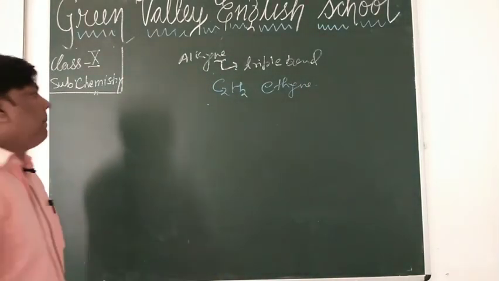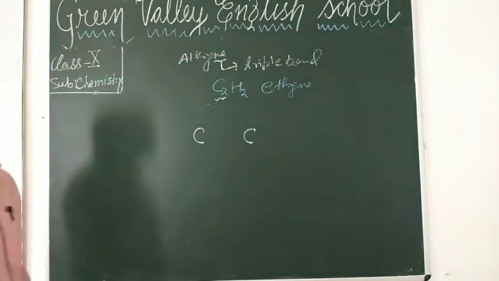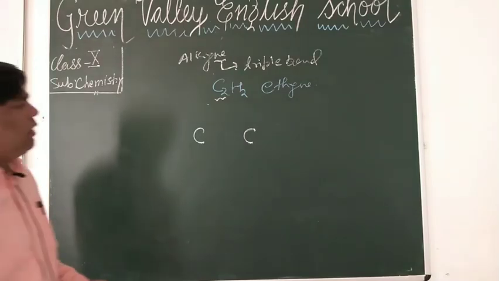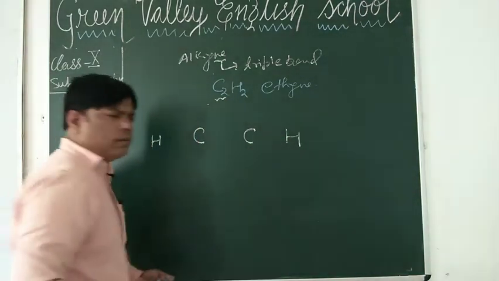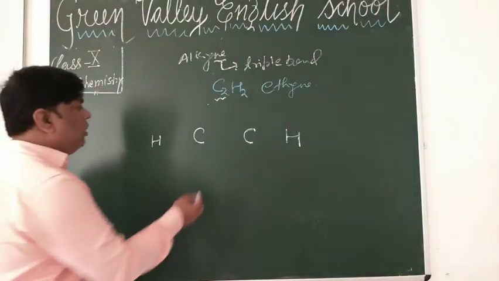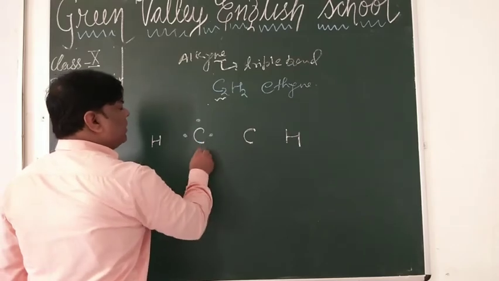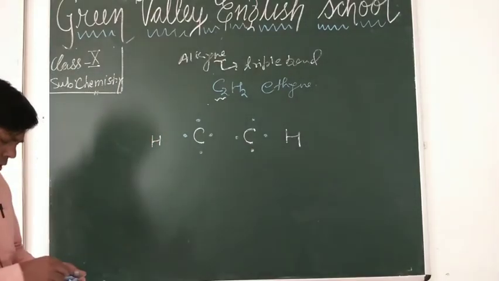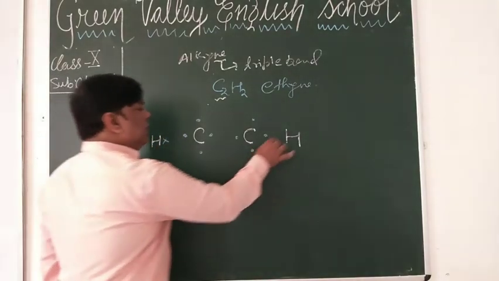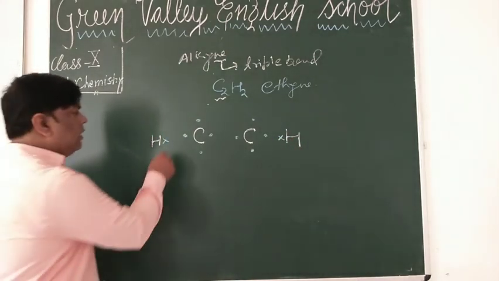So there are two carbon, 1, 2. And how much hydrogen is there? 2 hydrogen. 1 hydrogen, 2 hydrogen. Right? Electron dot structure for this carbon. There are 4 electrons in outermost orbit. Similarly, 4 electrons in that carbon also. What about hydrogen? Single electron. First, hydrogen will complete its duplet with carbon electron.